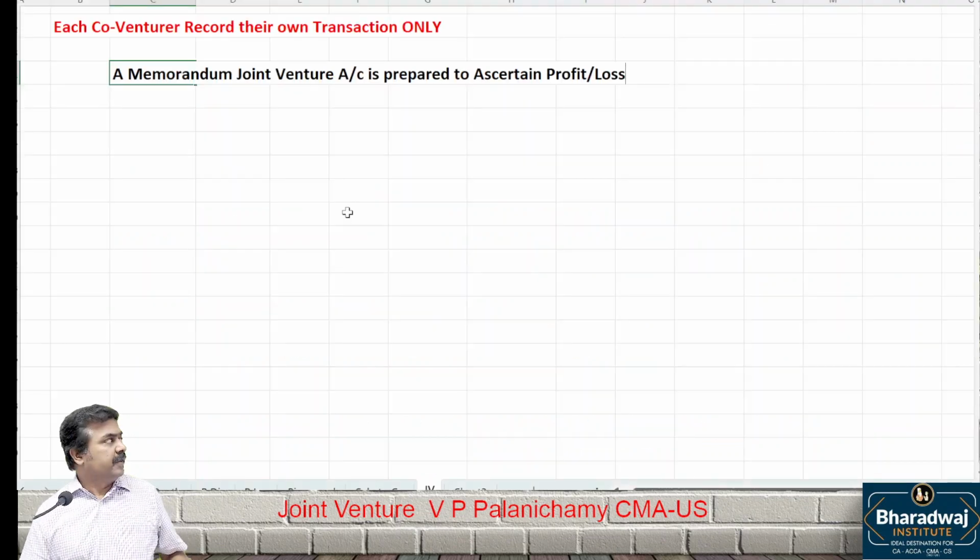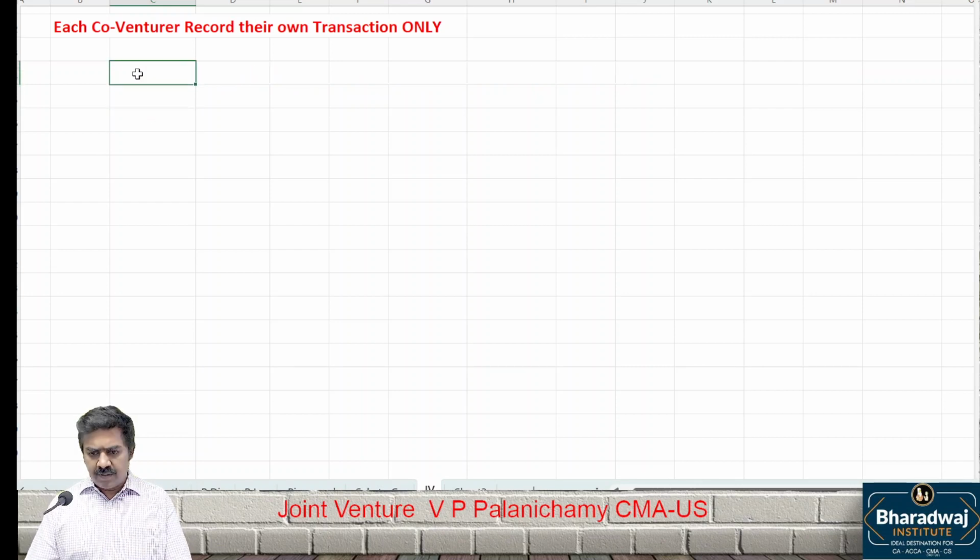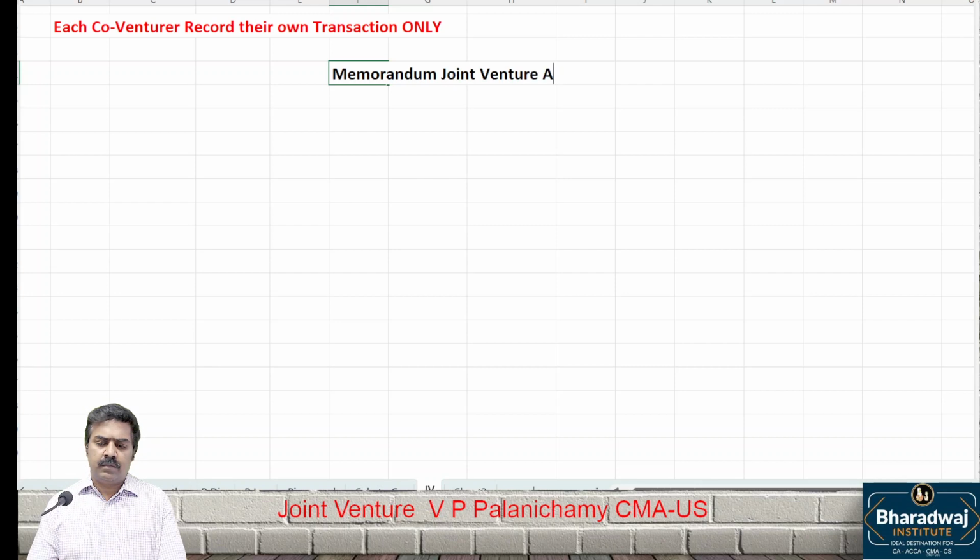So we are going to prepare which account? Memorandum joint venture account first. Read the question, keep reading the question. For the joint venture, what all do we have to pay? Whatever is spent by A, to A account. Whatever is spent by B, to B account.